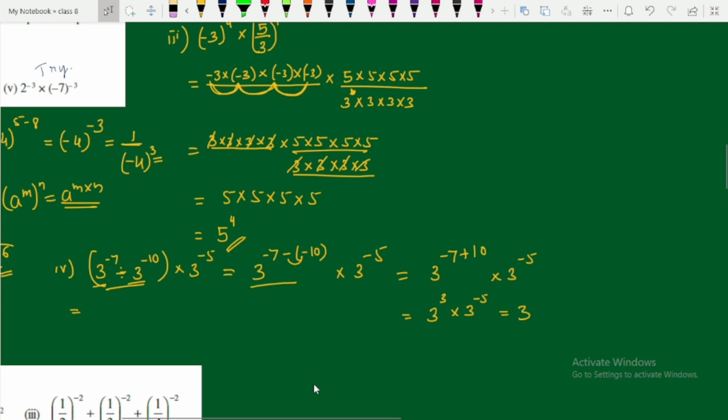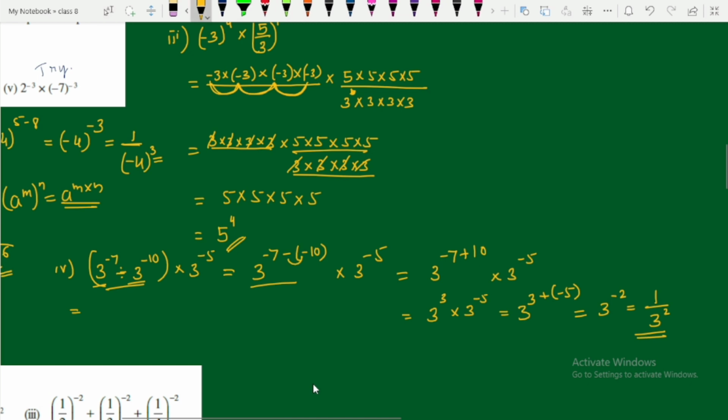So 3 raised to 3 plus minus 5, that is 3 minus 5, which is minus 2. If the power is negative, we can convert it into positive by reciprocaling. So it is 1 upon 3 square. In this way you can answer question number 4.